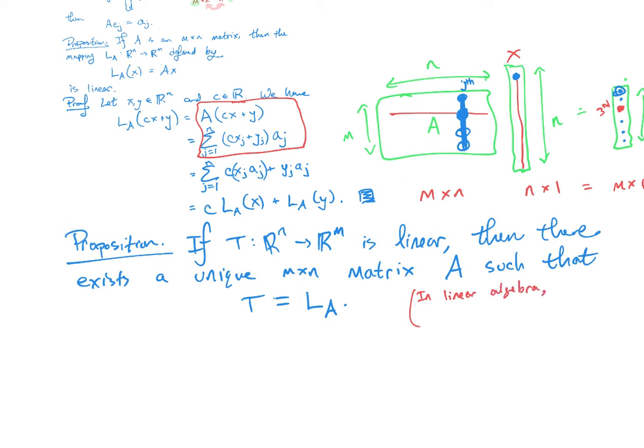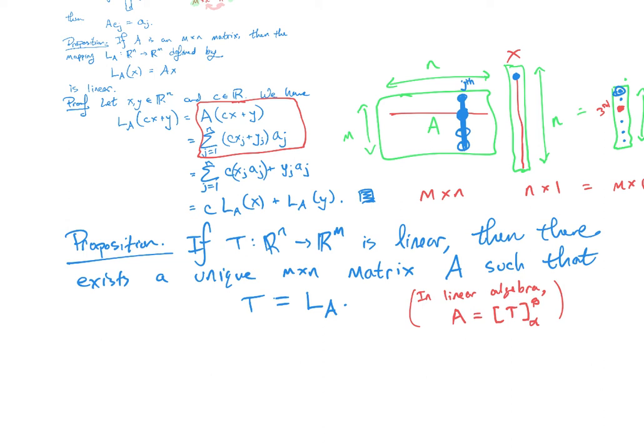And frequently, we write this matrix A has a special notation. It's this square bracket of T. Okay. And in linear algebra, you make a big deal out of which bases you're using for your domain and range. So you would do actually square bracket T, and then you would denote the basis for the domain and the basis for the range. Okay?